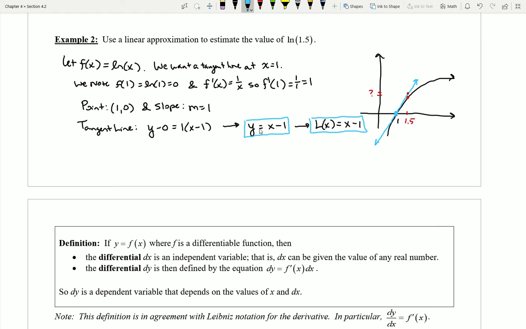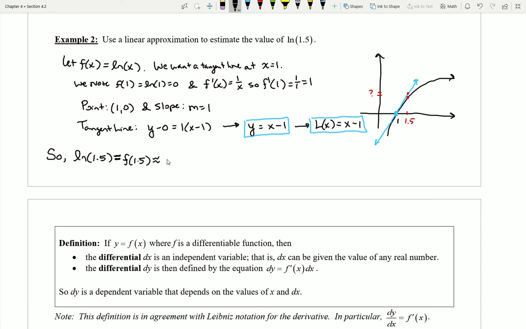So once I have this, now I can go ahead and start to try to provide an approximation. I can now say that if I am interested in calculating the natural log of 1.5, this is the same as calculating f of 1.5, but that is calculating 1.5 plugged into my black function.